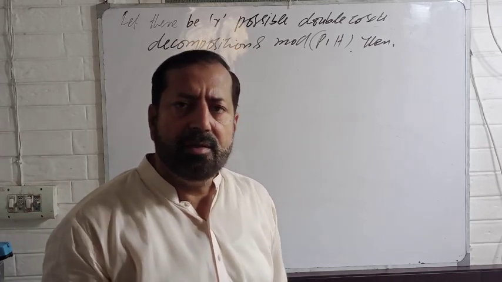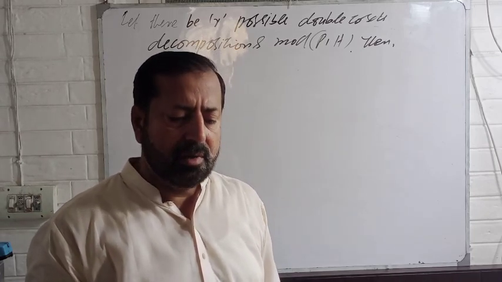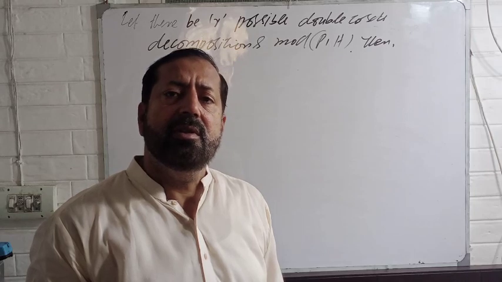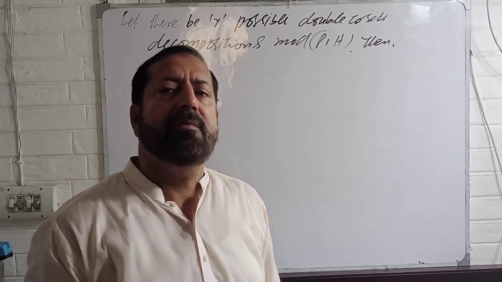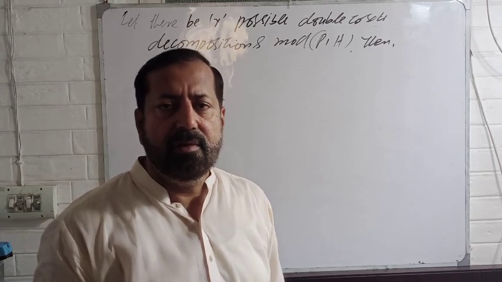You can understand double coset decompositions from Sylow's second theorem and from Sylow's third theorem as well, right?